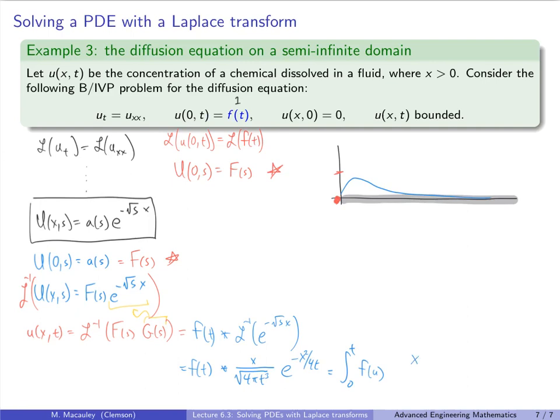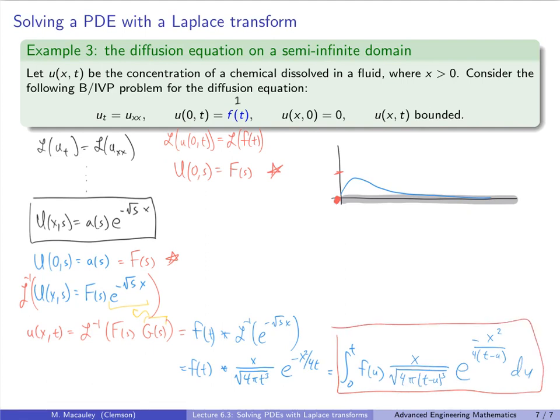So there we get x divided by the square root of 4 pi (t minus u) cubed times e to the negative x squared divided by 4(t minus u) du. So here is our final solution for the heat equation on a semi-infinite domain with initial temperature or initial concentration 0 and boundary condition f of t.